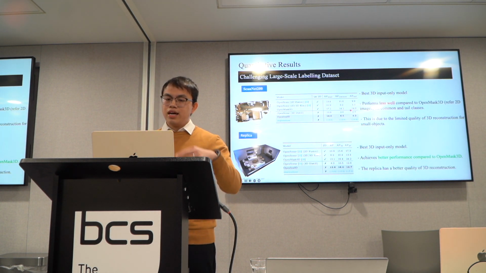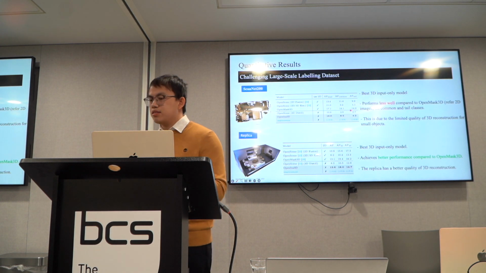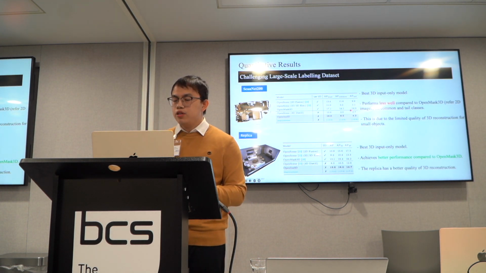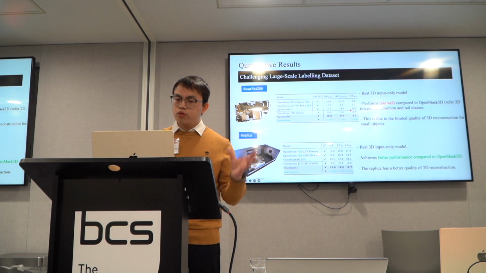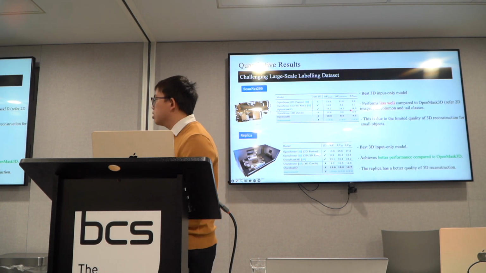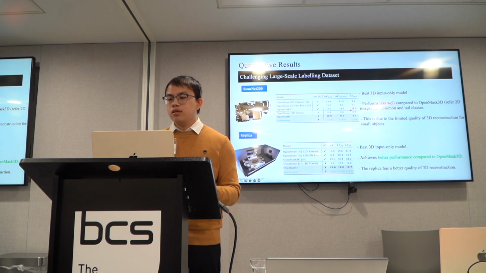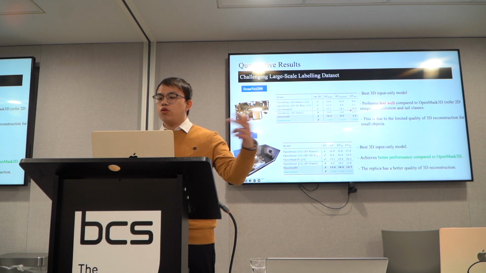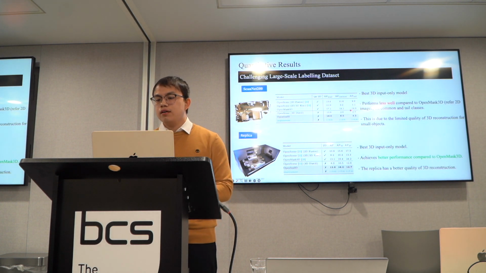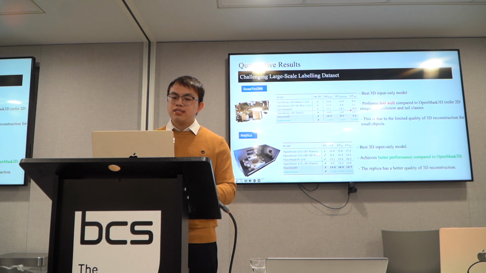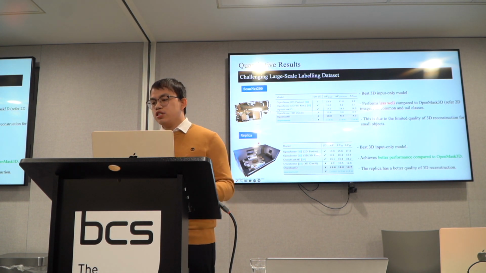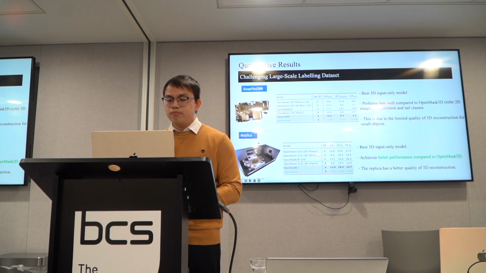This is because many of those 200 classes are small, and if the input is only the 3D reconstruction, they are not represented very well in the point cloud, whereas OpenMask3D can refer to the original 2D images. So that makes sense. And for Replica, which is a dataset that is constructed quite well, as you can see in the images here, we can actually achieve better performance than OpenMask3D.